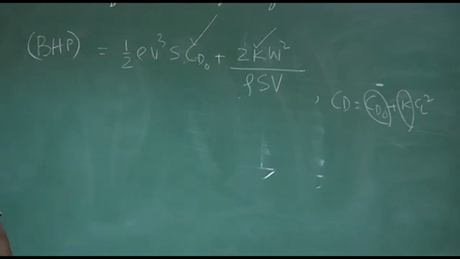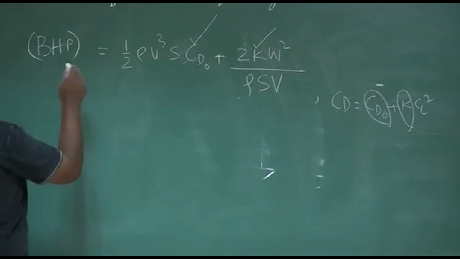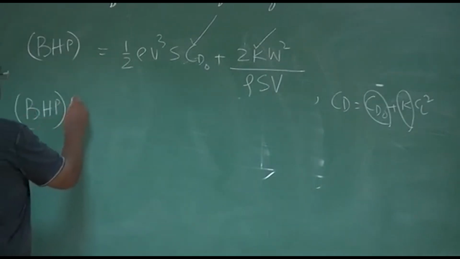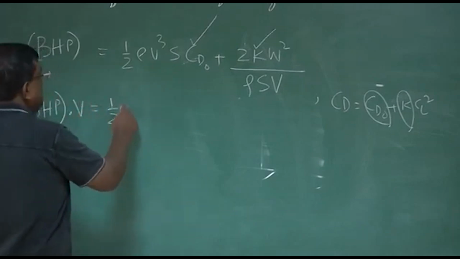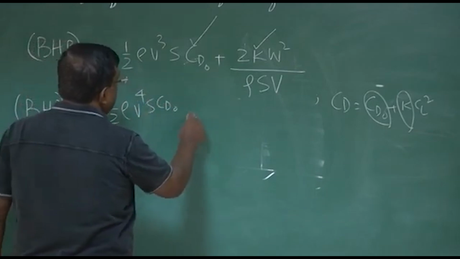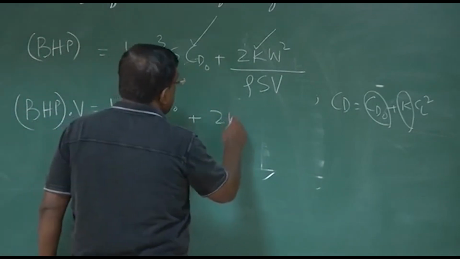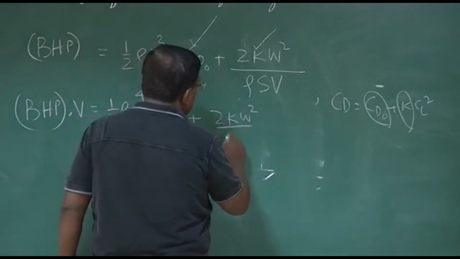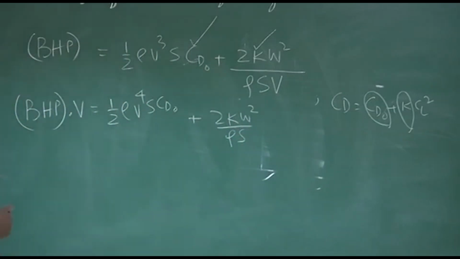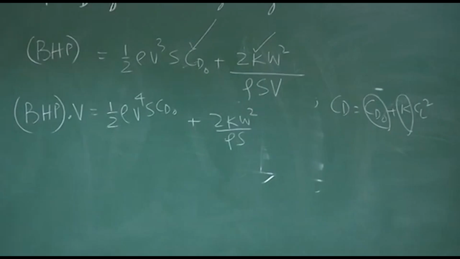Now we do a little bit more arrangement. We multiply both sides by V. So I have BHP into V equal to half rho V to the power 4 S CD naught plus 2 K W square by rho S. And if I do further rearrangement, I can write, let me write separately because we will be planning our experiment based on this expression.